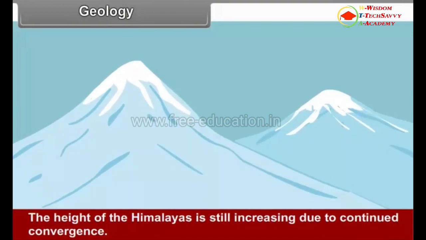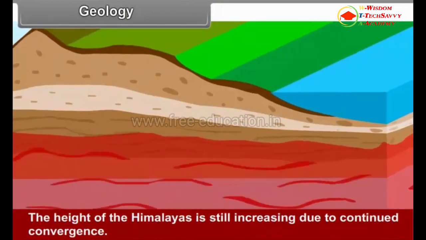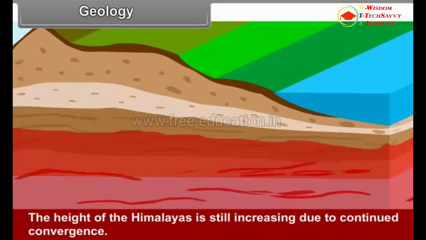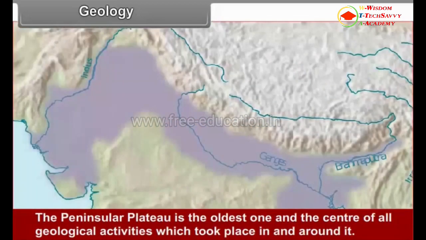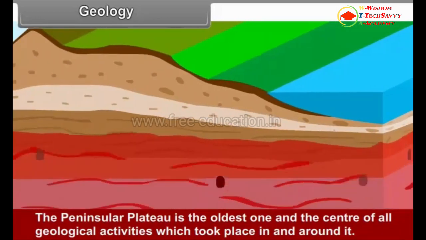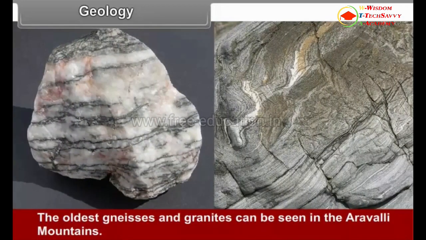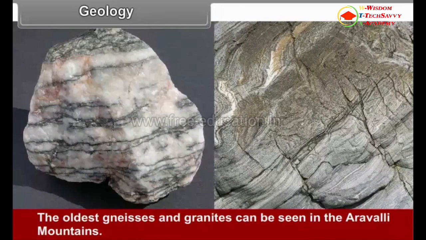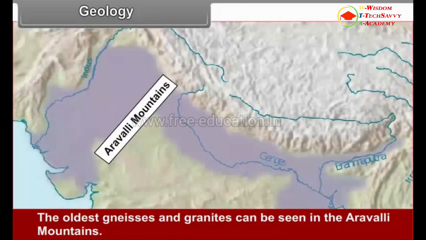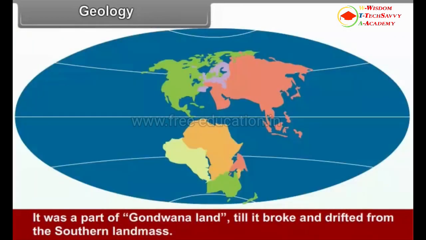The height of the Himalayas is still increasing due to continued convergence. The Peninsular Plateau is the oldest one and the center of all geological activities which took place in and around it. The oldest gneiss and granites can be seen in the Aravalli Mountains. It was a part of Gondwana land till it broke and drifted from the southern landmasses.